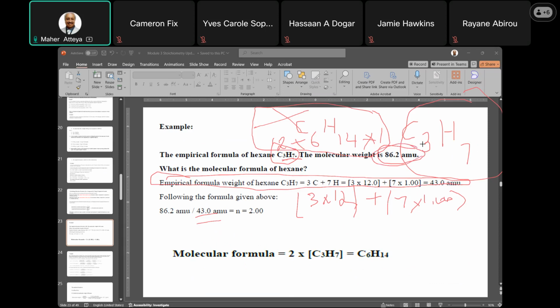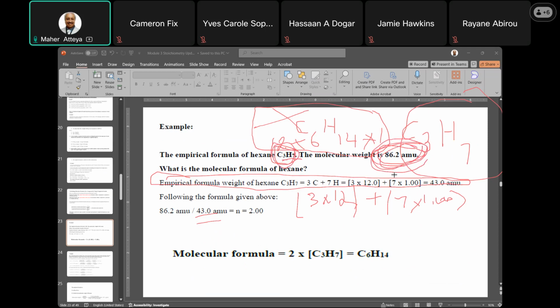Look at this, guys. I have to calculate the molar mass of the empirical formula, but it's given to you that the molar mass of the whole molecule is 86.